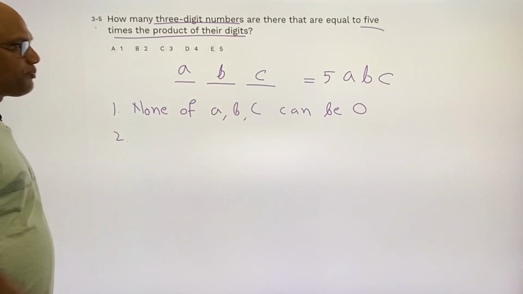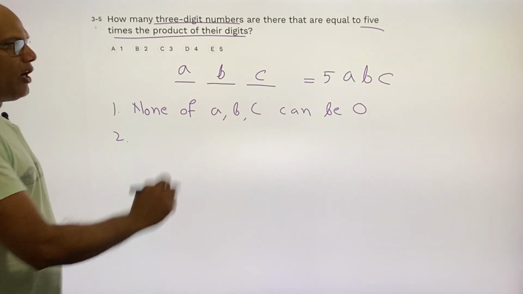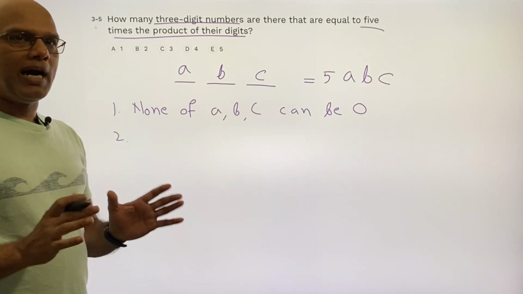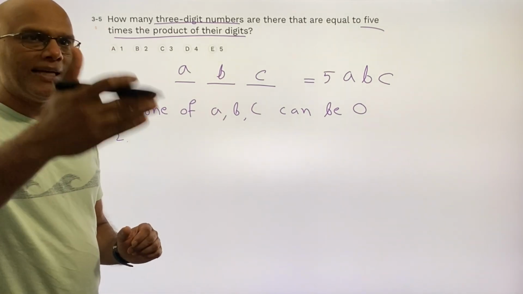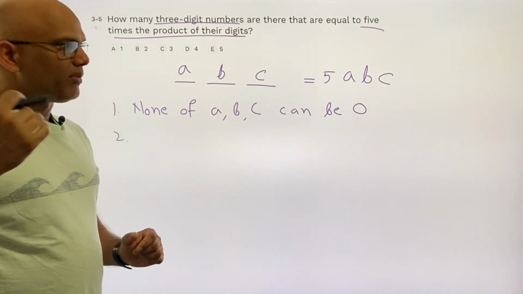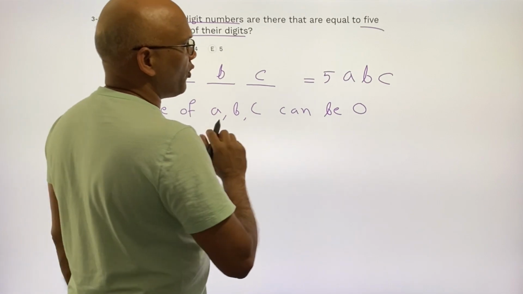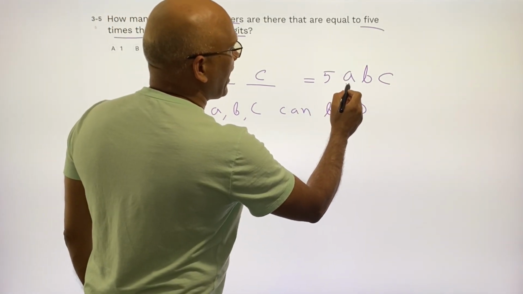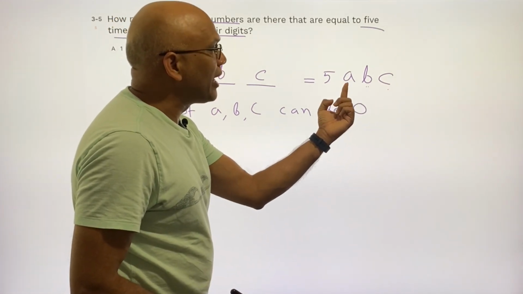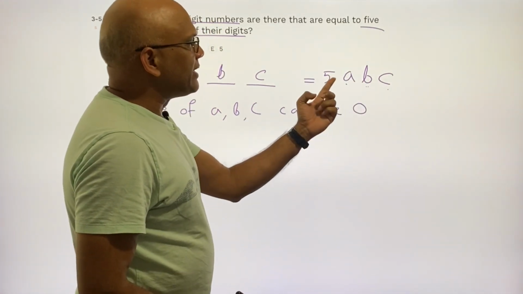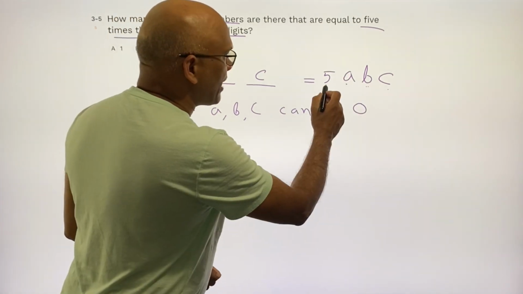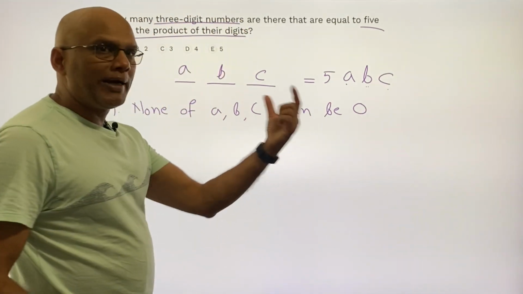The second: now, 5 times an even number always ends with a 0. 5 times 4, 5 times any even number ends with a 0. Therefore, if any of A, B or C is even, then the whole product ABC will be even, and multiplied by 5 will end up with a 0 at the unit place.